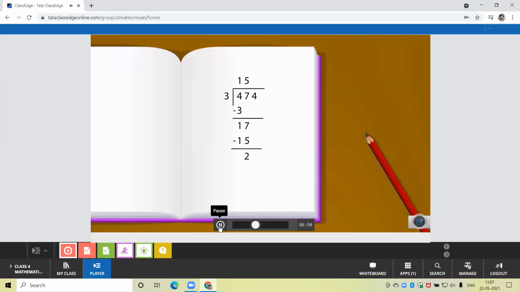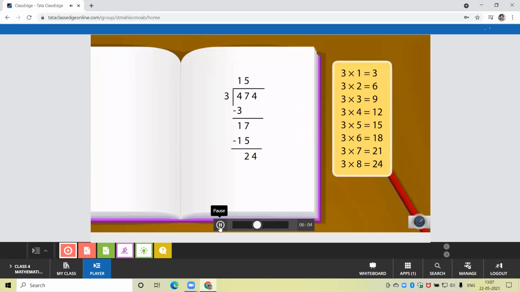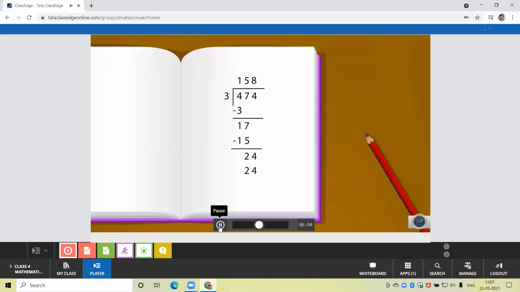As usual, I'll bring the next digit, that is 4, down so that the next number to be divided is 24. Now, let me check how many 3's go in 24. It's 8 times. 3 into 8 is equal to 24. Correct.